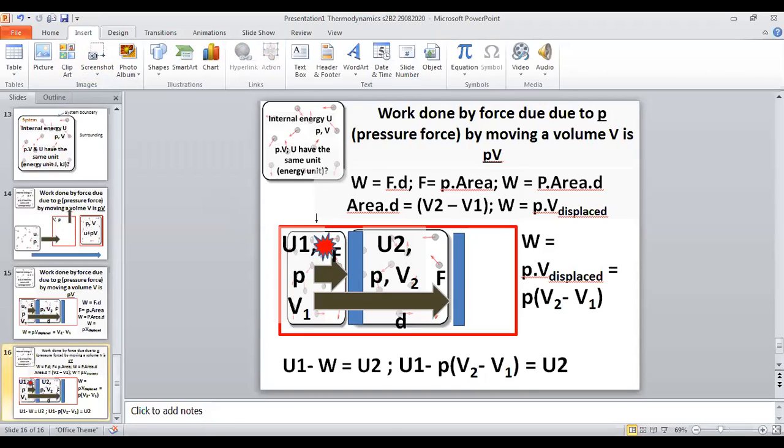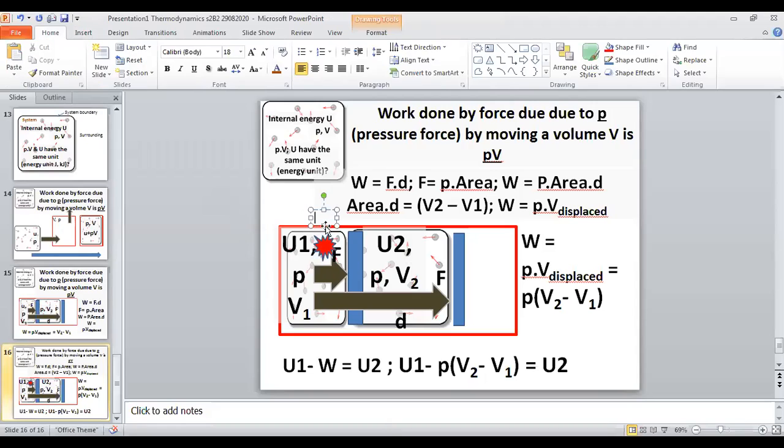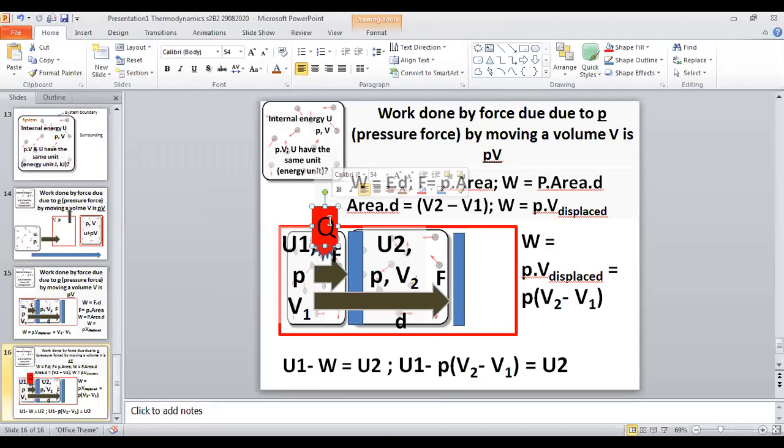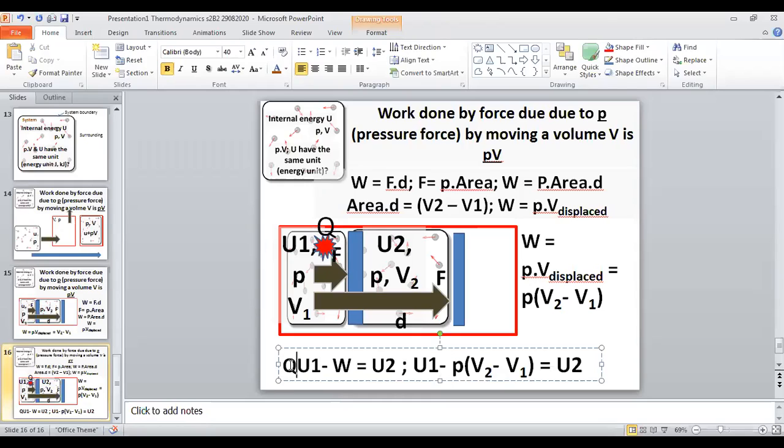So I will add this big Q here, the heat due to combustion. So now for this system, we have Q as well.